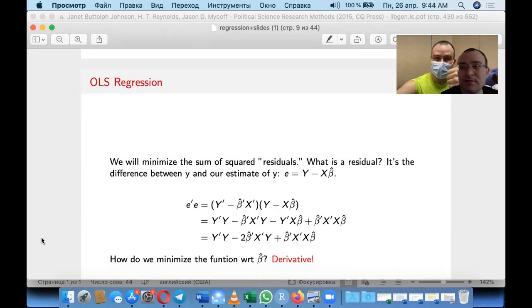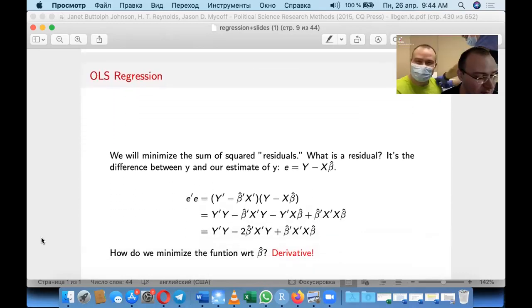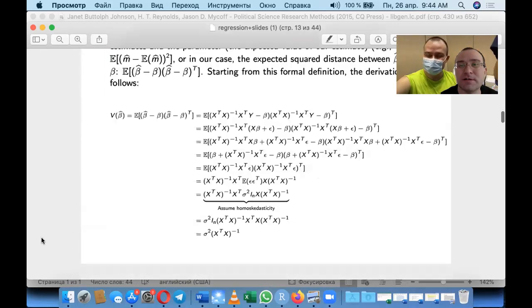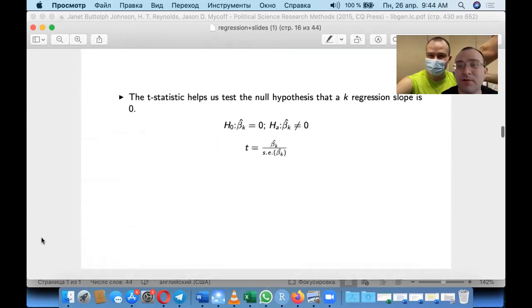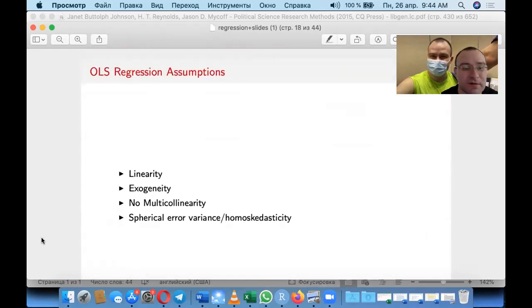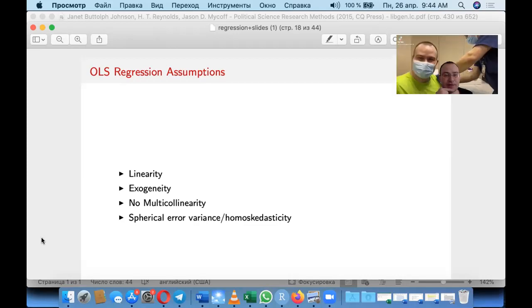Okay, now we need this slide. A bunch of high-end math, derivatives and stuff. I will not torture you with this. So, assumptions of regression. If you have those assumptions, you are free to do a linear regression.